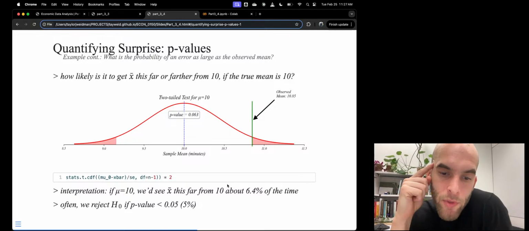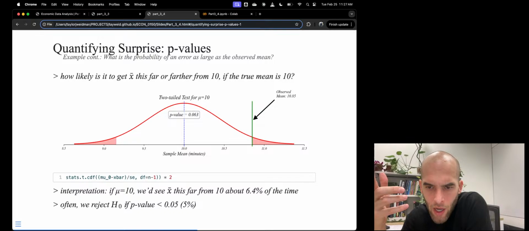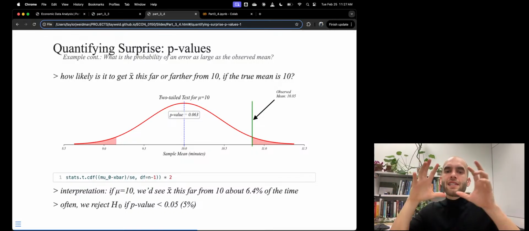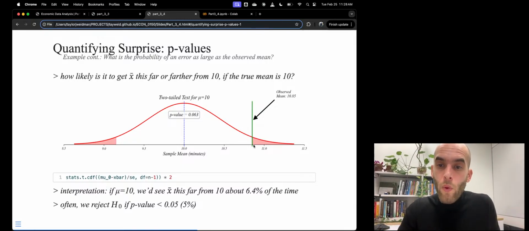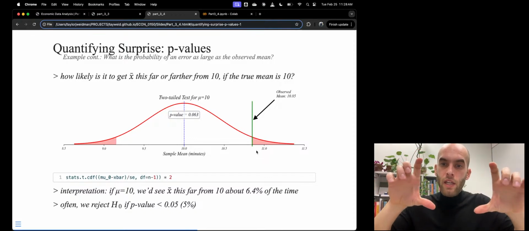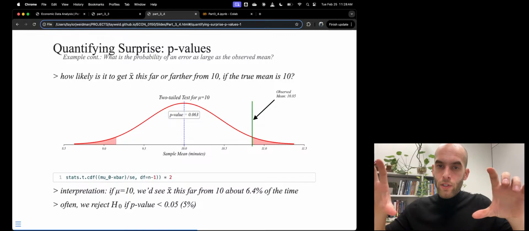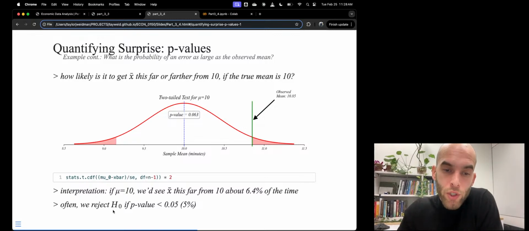Okay, so often the way we interpret this is that the smaller that area is, the less likely it is for the null hypothesis to be true. When we get a very small number, it means our guess is very far away from our observed x bar. So we say that we reject the null hypothesis if the p-value is below some threshold.